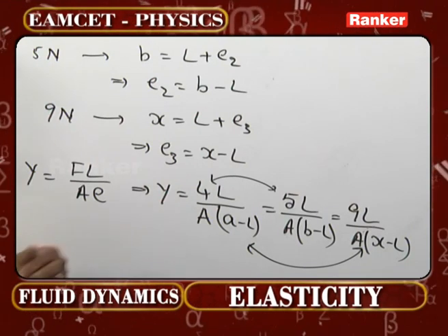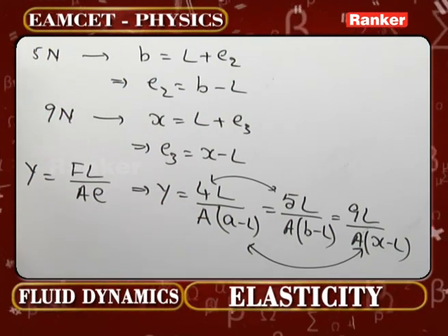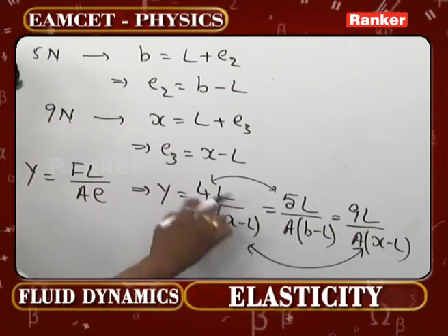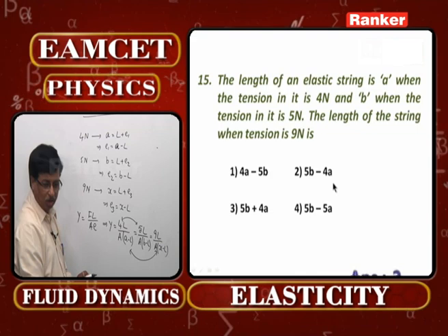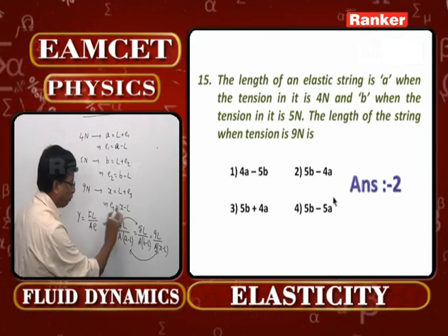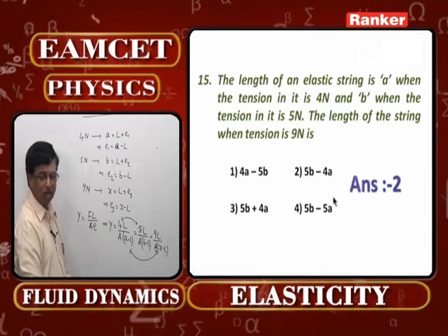Then what is going to be the correct option you are going to get? You check it. Take 1 and 2, 1 and 3, simplify the whole lot. You'll be getting 5B minus 4A. That is going to be the corresponding answer.